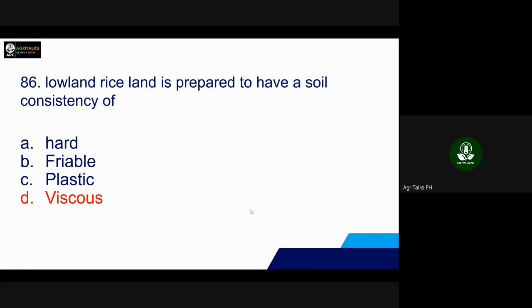So, parang lugaw lang po siya. So, hindi pwedeng hard kasi mahirap siya. Friable, hindi pwede kasi may water nga. Friable is for moist soils. Yung sakto lang yung water. Plastic naman, hindi pwede. Kasi hindi siya makultivate pag plastic. Kasi madikit masyado. So, it should be a viscous consistency. Parang lugaw lang.